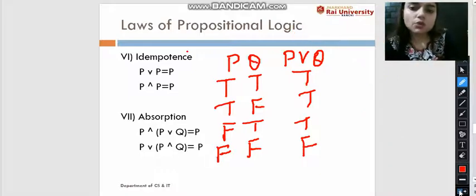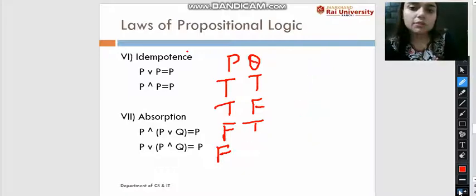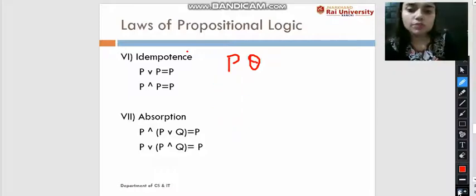Now the next law we have is De Morgan's law. There are many applications of De Morgan's law.